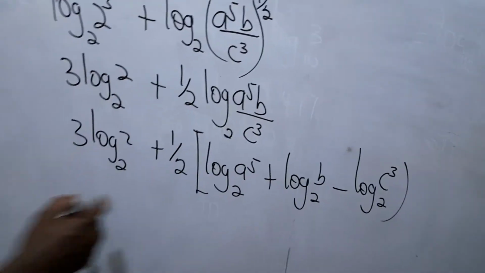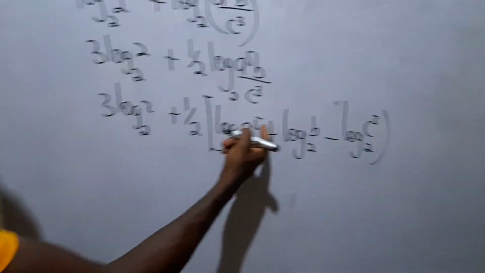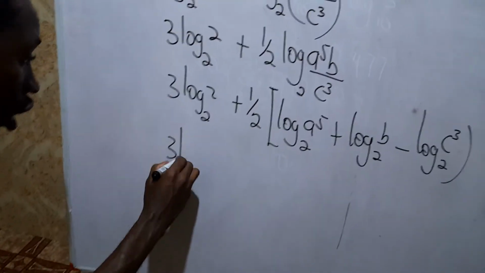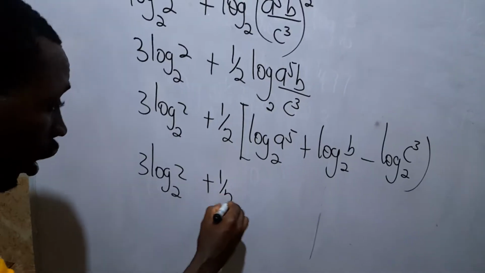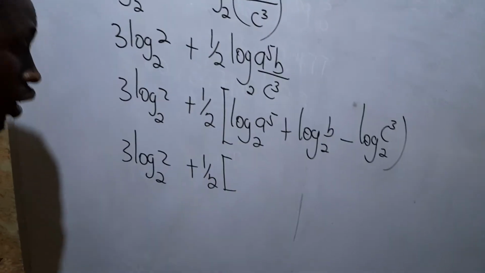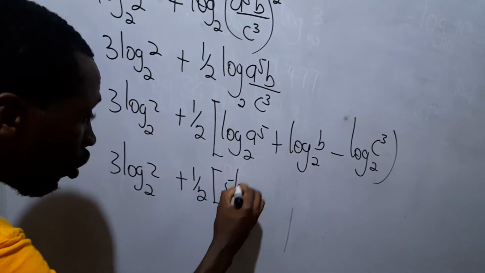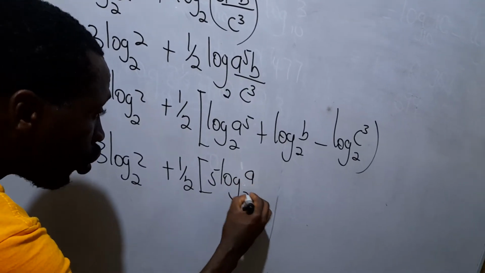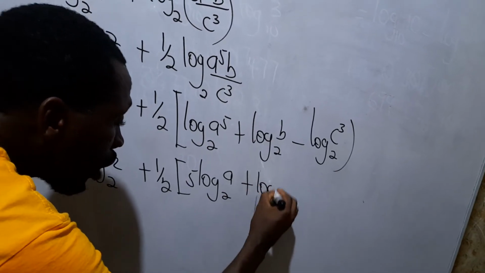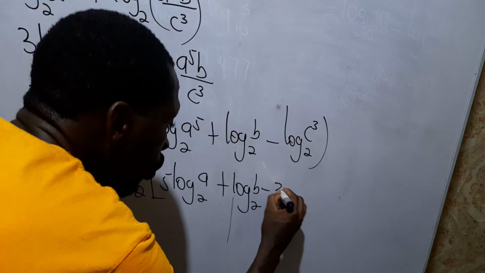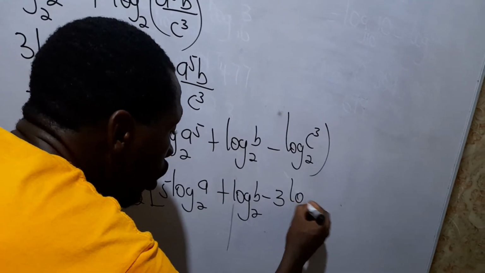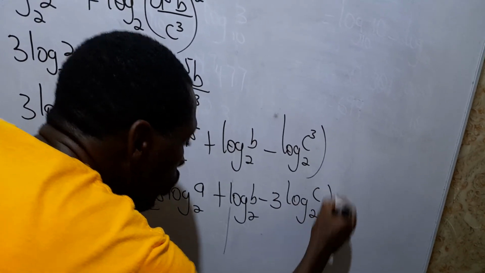Applying the third law by dropping the exponents, we have 3 log 2 base 2 plus half bracket 5 log a base 2 plus log b base 2 minus 3 log c base 2.